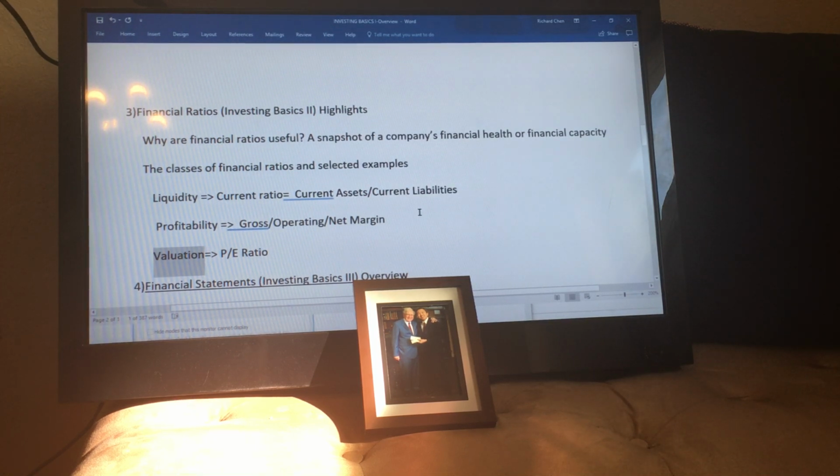It's basically an idea of the valuation, often what the market values the company at, compared to some objective benchmark like earnings. The valuation ratio which is very popular, probably the most used, is the PE ratio, and the PE is price to earnings.